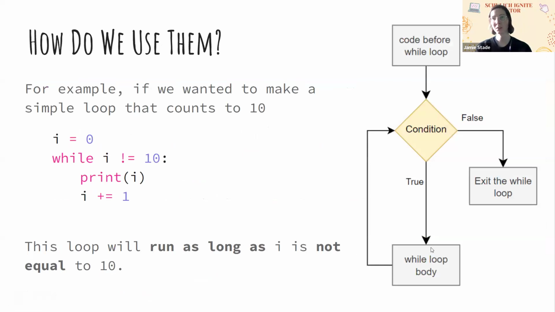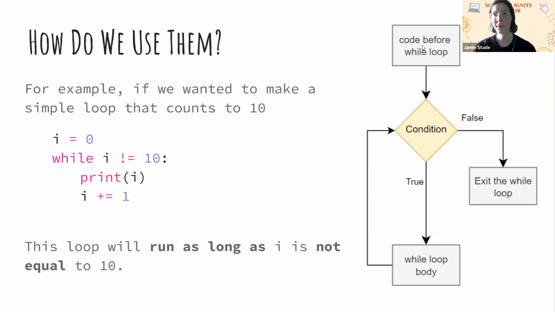So here's a flow chart of how this works. Let's say we want to make a simple loop that counts to 10. So we set i equal to 0 and say, well, i is not equal to 10, print i, and increment i by 1. So this loop will run as long as i is not equal to 10.